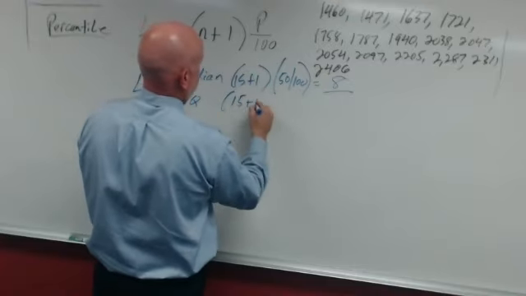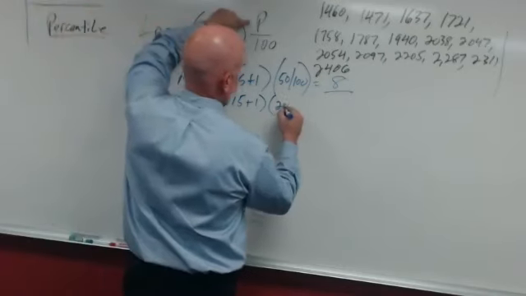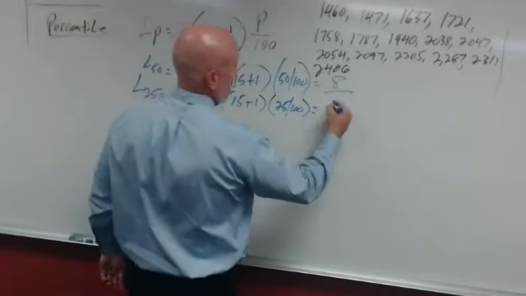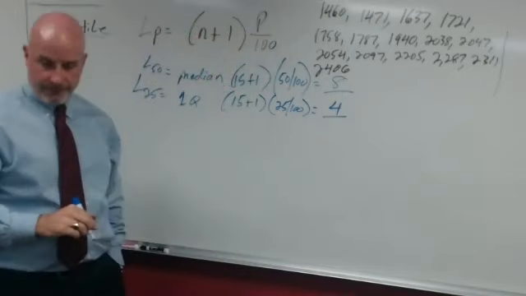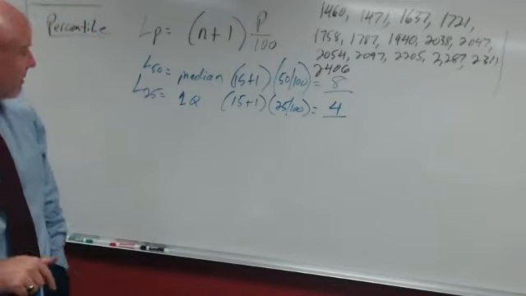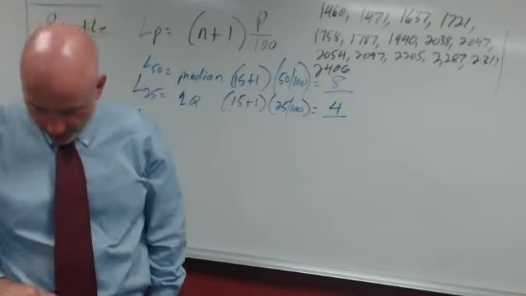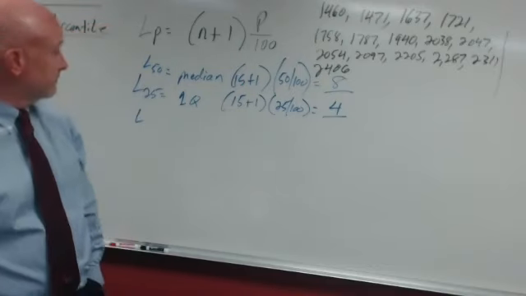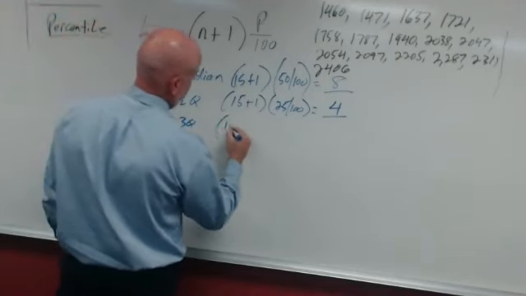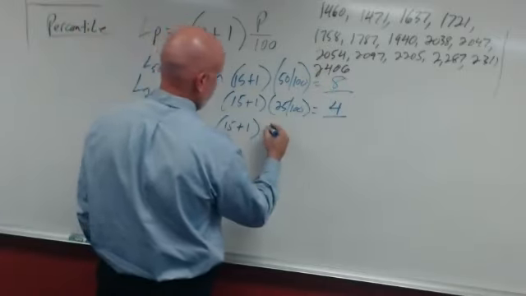Same number of values. 25. So 4. And lastly, it says to locate the third quartile for the commission's earnings. So what's going to be my third quartile? Remember, still using the same 15 observations.